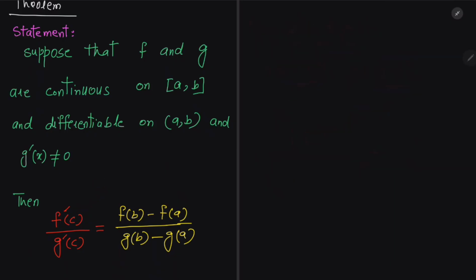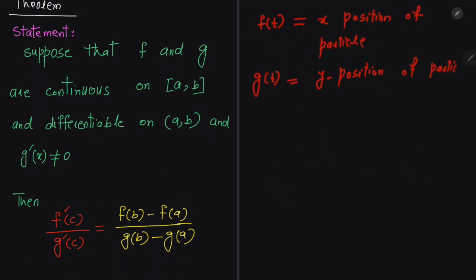Another explanation is as follows. Suppose f(t) is the x position of a particle, and g(t) is the y position of the particle.